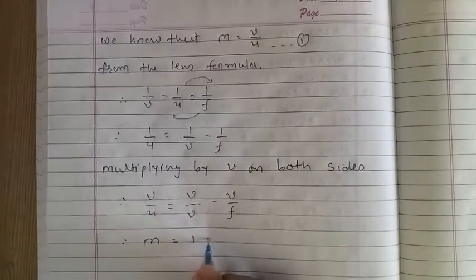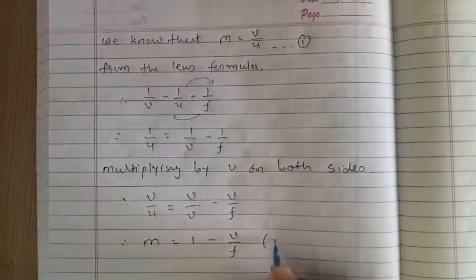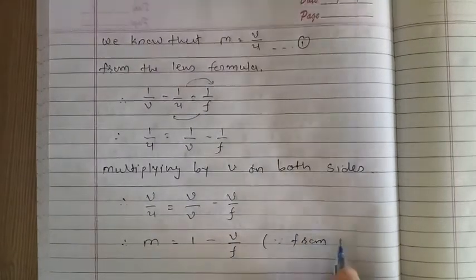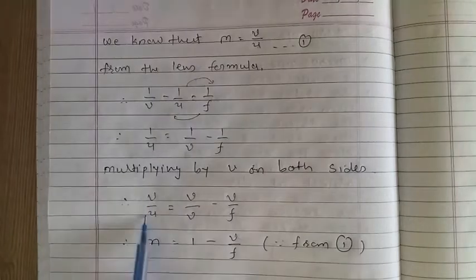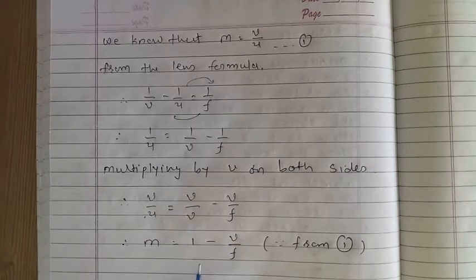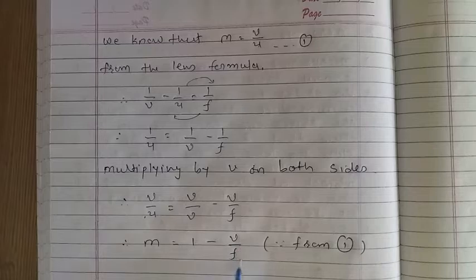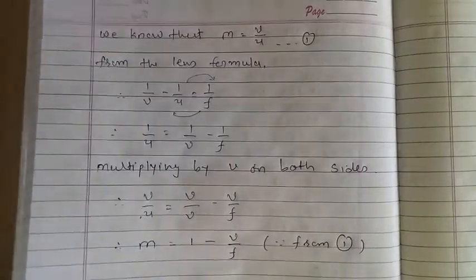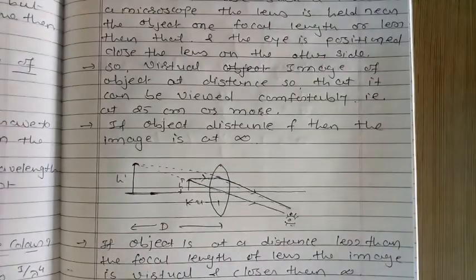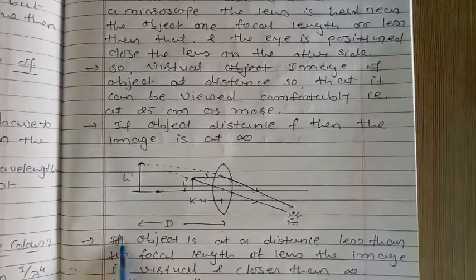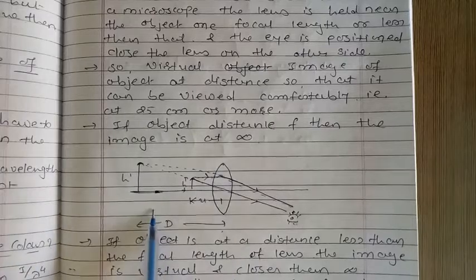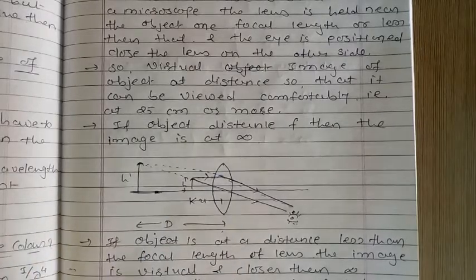So from equation 1, v by u, m is equal to 1 minus v by f. But we know v is the image distance, and here the image occurs at the distance d, right? But here d is on the left hand side, so we have to take v equal to minus d, right?